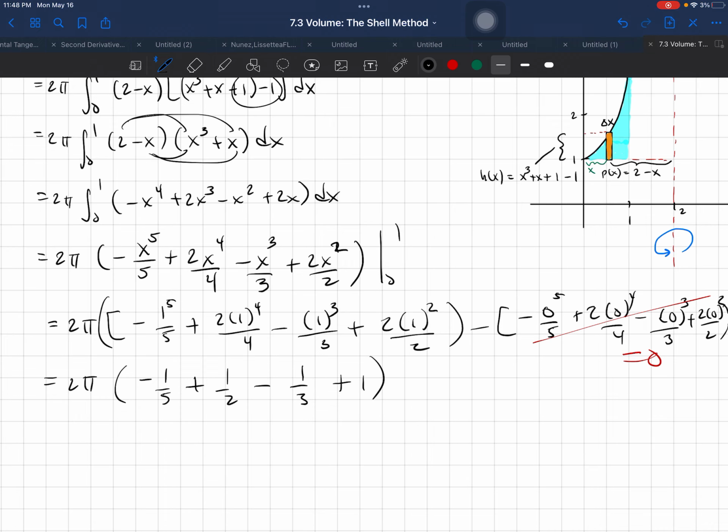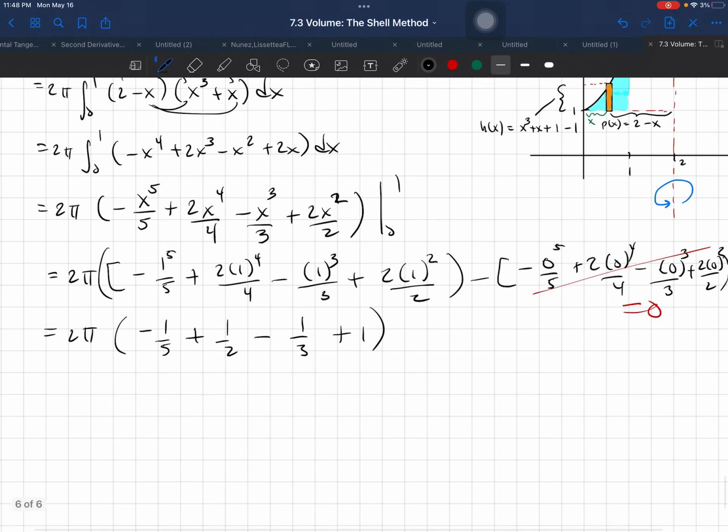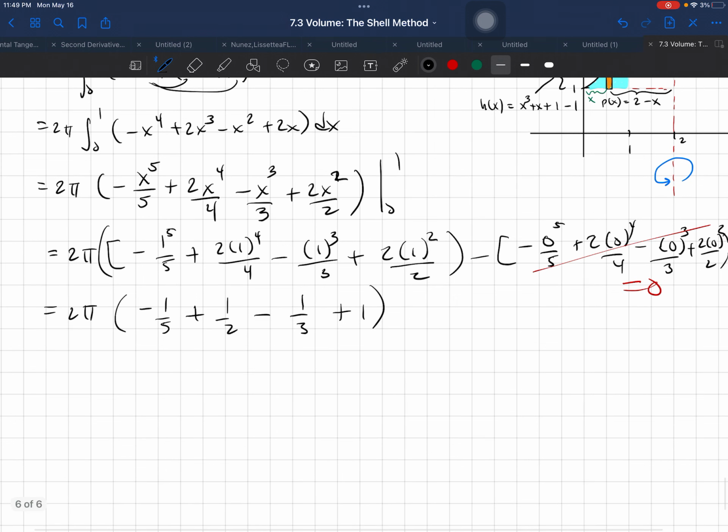So we have to find a common denominator. The common denominator is going to be 30. So this will be 6, 15, 10, 30.